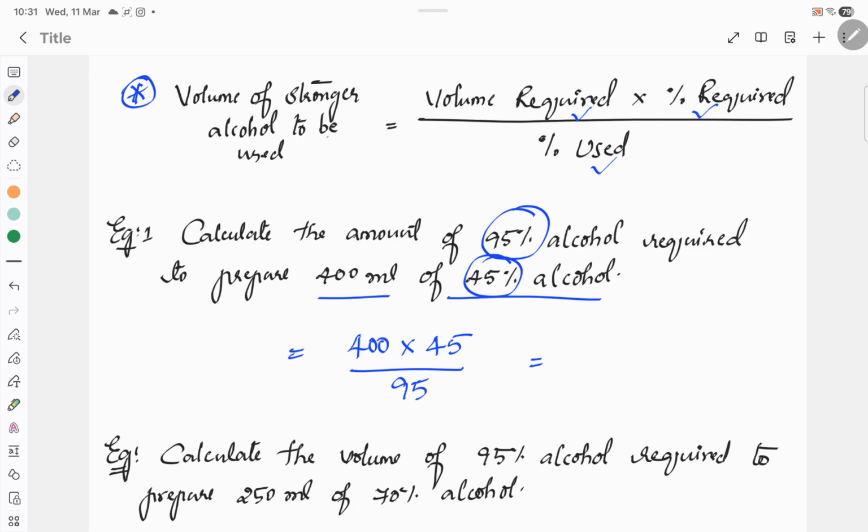So it gives you around 189.48, so nearly equal to 190 ml. That means 190 ml of 95% alcohol is required in order to prepare 400 ml of 45% alcohol. That last sentence you have to write.